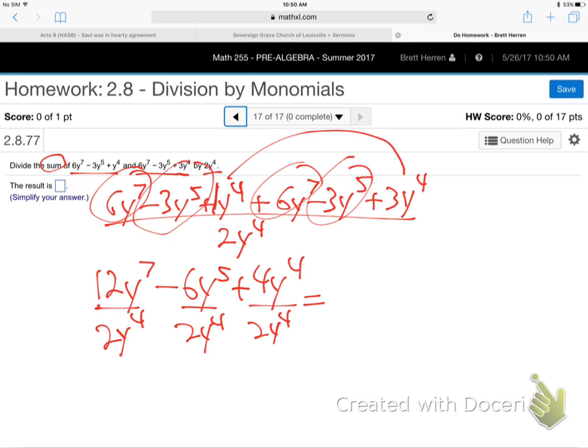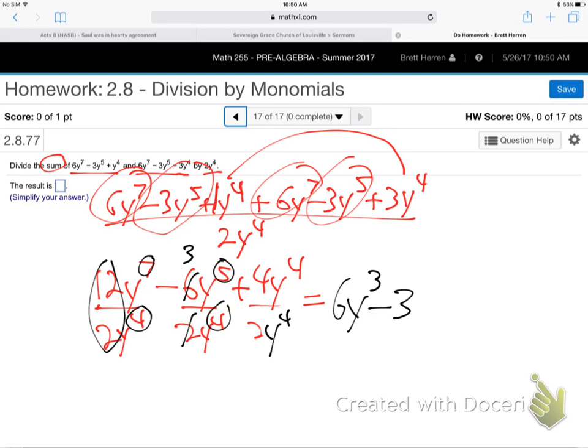Okay. Now we have to subtract these powers. This is y to the 4th. So divide the number 6, subtract the power. 7 minus 4 is 3. Like that. And minus. Divide, 2 goes into 6 3 times.